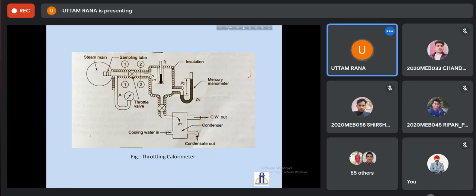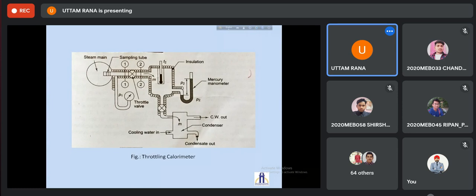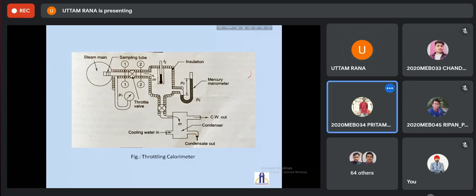Any comment? So basically enthalpy remains constant. Enthalpy remains constant, that we know. What would happen to temperature? Will it increase or decrease? That depends.